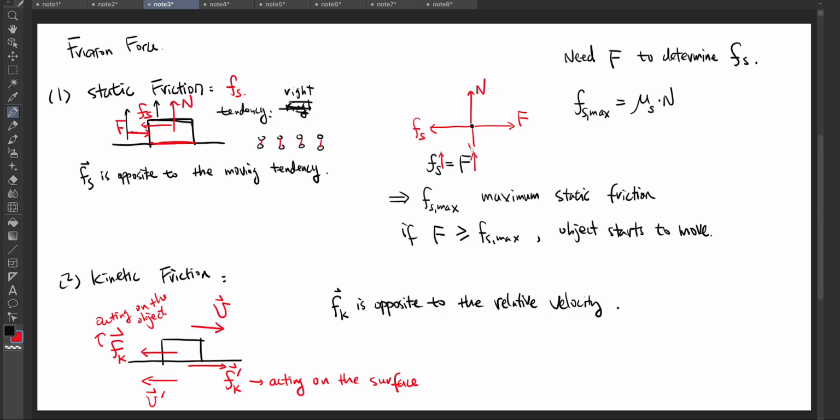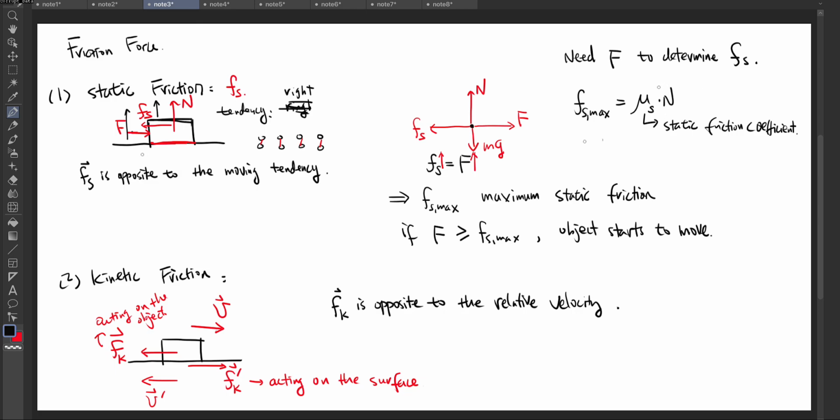But of course, there's gravity in the vertical direction, right? So the Fs max is related to mu s, called the static friction coefficient, multiplying the normal force.